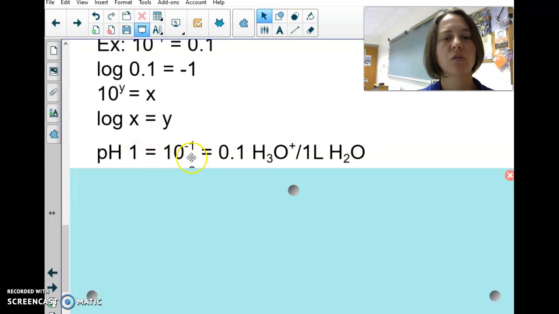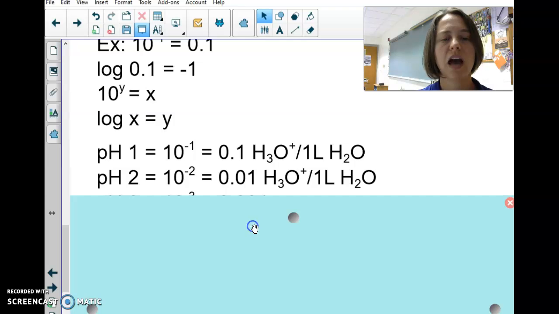So when we have a pH of 1, this is our hydronium concentration. And then if we have a pH of 2, this is our hydronium concentration. And you can see that this is 10 times less concentrated, so it's less acidic.